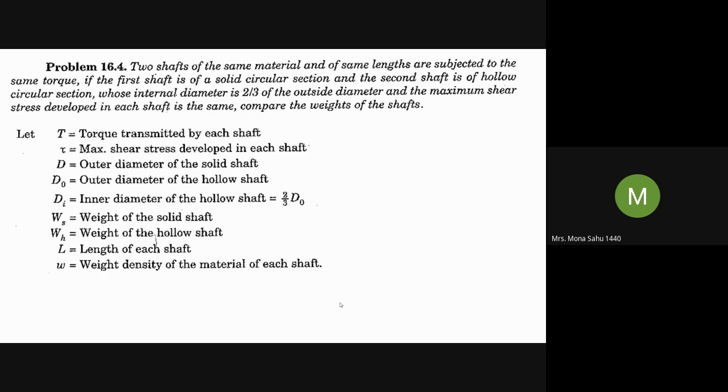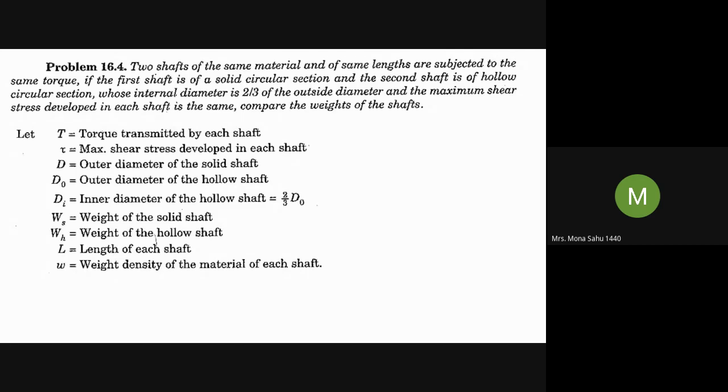Both are the same material, so the weight density also remains the same. If you see the slide, torque is same, shear stress is same, the diameter of the solid shaft and the hollow shaft are different, so there are 3 different variables. Weights of both the shafts are different, so we take 2 different variables. Length of each shaft is same, both are same material, so the weight density, Young's modulus, everything is going to be the same. Make a note of it.